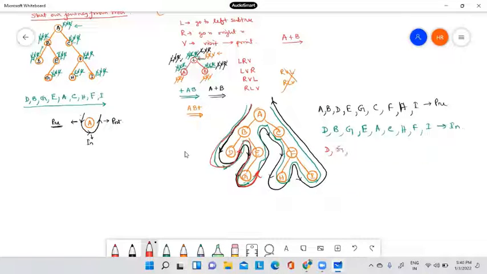Then E, right hand side. Then B, right hand side. Then H from the right hand side. Then I from the right hand side. Then F from the right hand side. Then C from the right hand side.